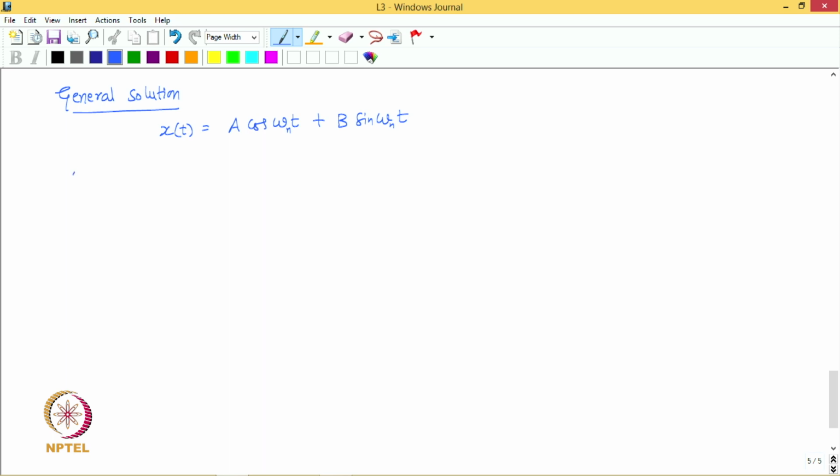Here a and b are arbitrary constants, and they depend on the initial conditions on the motion of the mass.